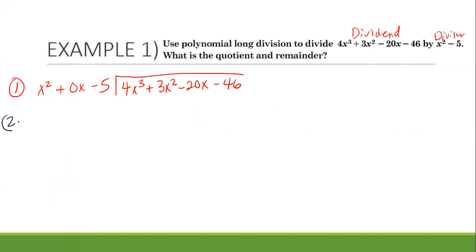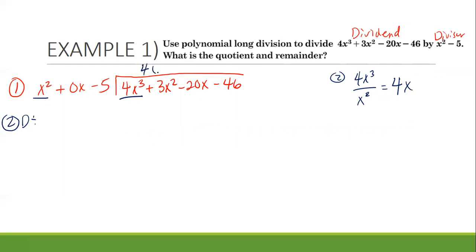Okay. Step two is to divide. When you're dividing, you divide the first term of your dividend by the first term of your divisor. So you're thinking in your head, what is 4x cubed divided by x squared? And what is that? 4x.